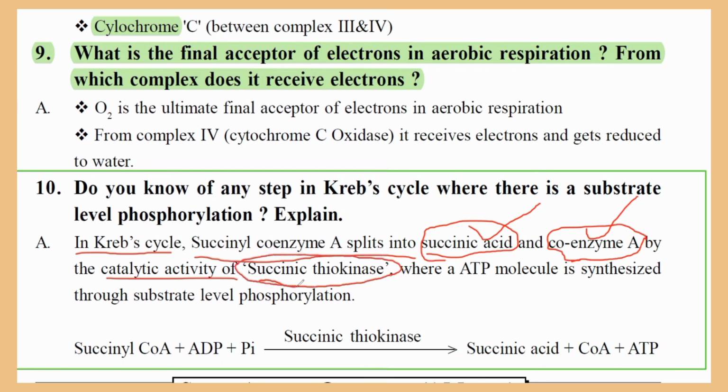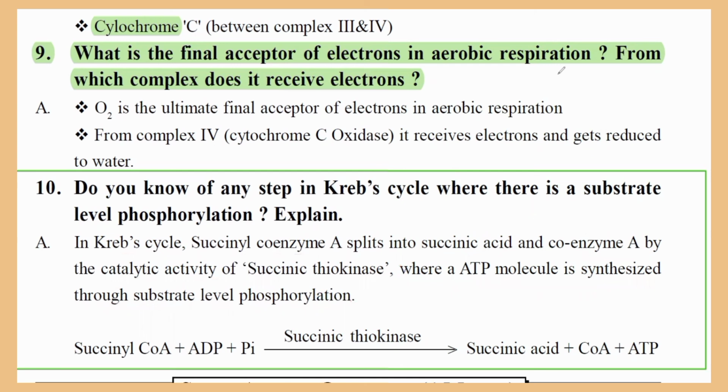Because of this enzyme, succinyl coenzyme A splits into succinic acid and coenzyme A, where an ATP molecule is synthesized through substrate level phosphorylation. Here in this reaction, one phosphate is formed. Now I will show it in an equation.